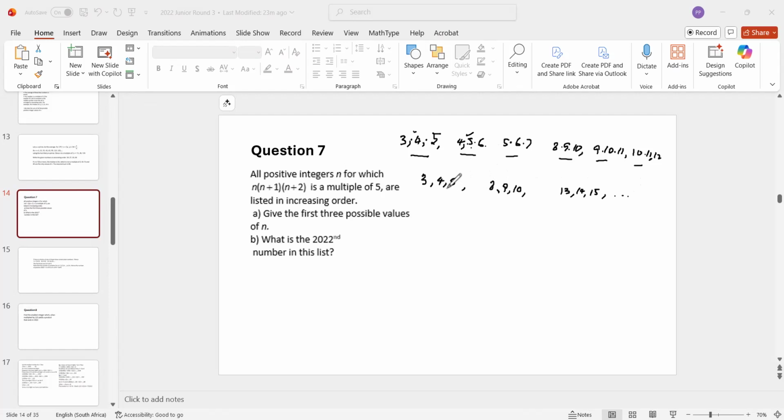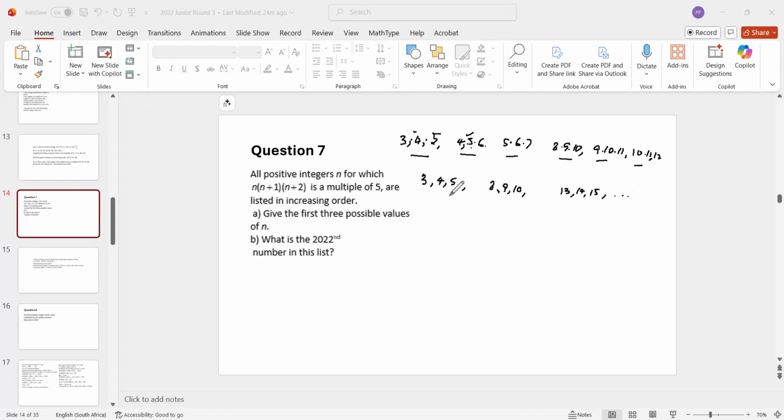All these numbers have got the property. If you take any one of these and make that value equal to n, then you see, for instance, 10 times 11 times 12 is a multiple of 5, 14 times 15 times 16 is a multiple of 5, and so on.